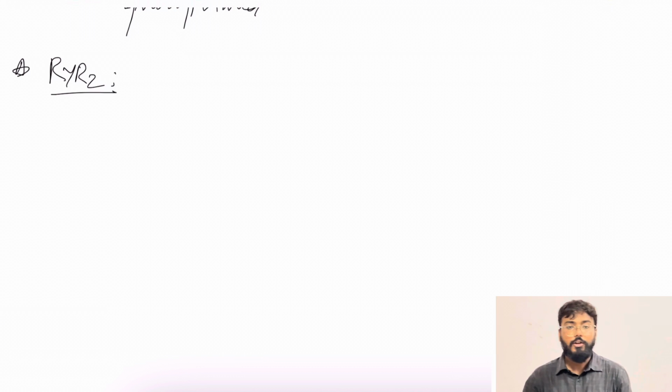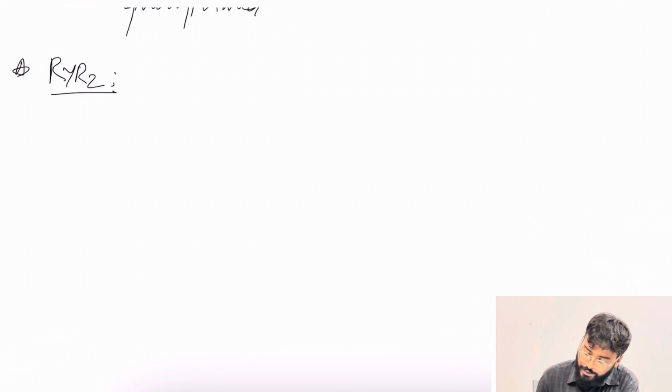Okay, moving on to ryanodine receptor type 2. So what happens if your type 2 ryanodine receptors are defective, which is present in your cardiomyocytes? You will get ARVD type 2. What is this?